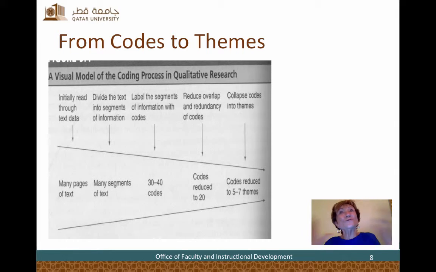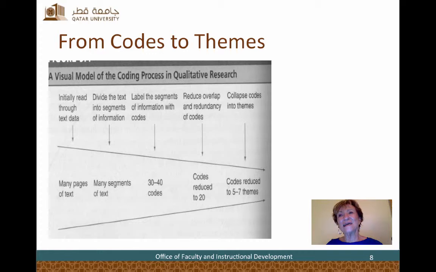Frequently, you start off with too many codes, and the data is too bulky. And so you start seeing what your codes are really about as you go through the process, and you come up with these themes or patterns that you can clearly portray to your reader.